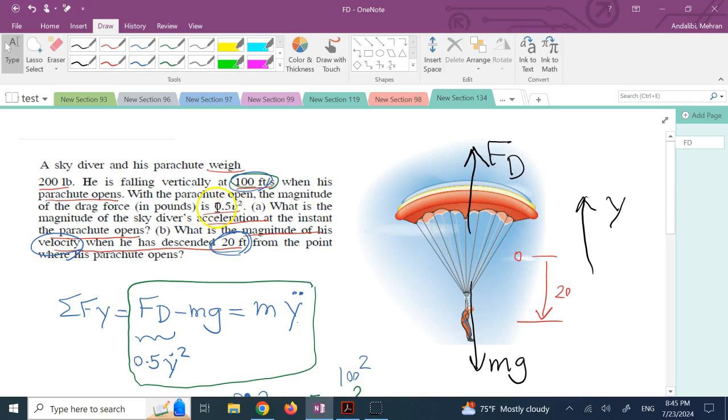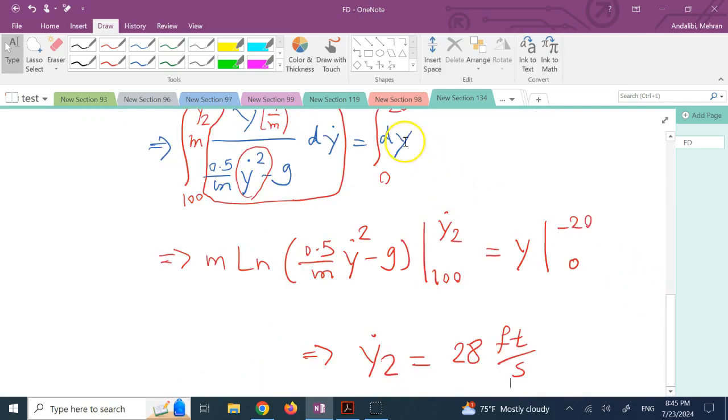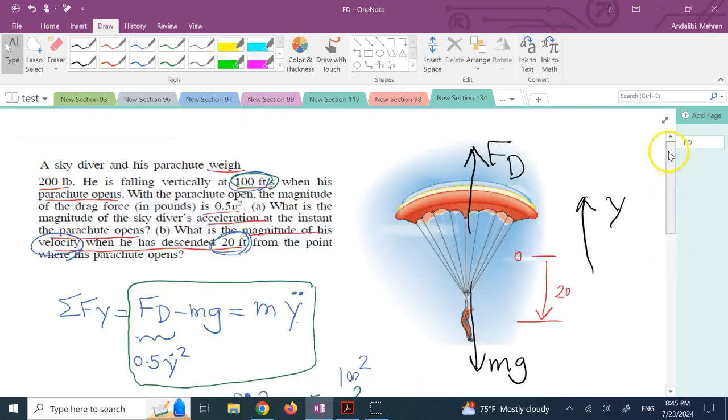So the work of that is 0.5 y dot squared with a negative sign dy, and that is basically integral of y dot versus y. So you have to divide by a dt, multiply by a dt, so we can do it. So in this case, actually, although it might not look so obvious in the beginning, the Newton method might be a little bit easier to handle the problem.